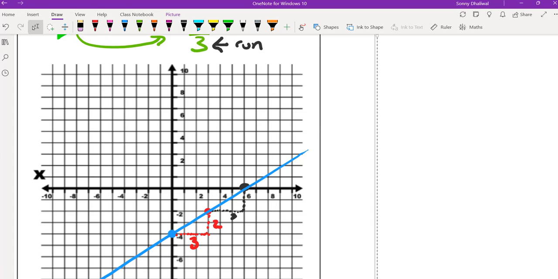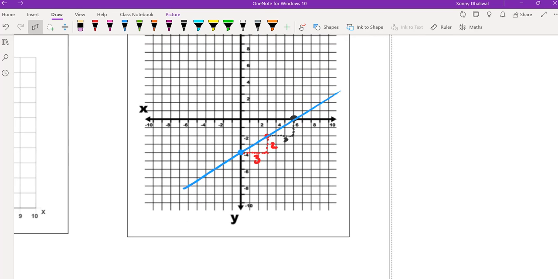I don't stop here. I don't stop there. These are just points on the line. We go forever in both directions. Okay? And that's what our line will look like. Okay? So, to draw the line, we start off with our y-intercept, and we create our triangle using our slope.